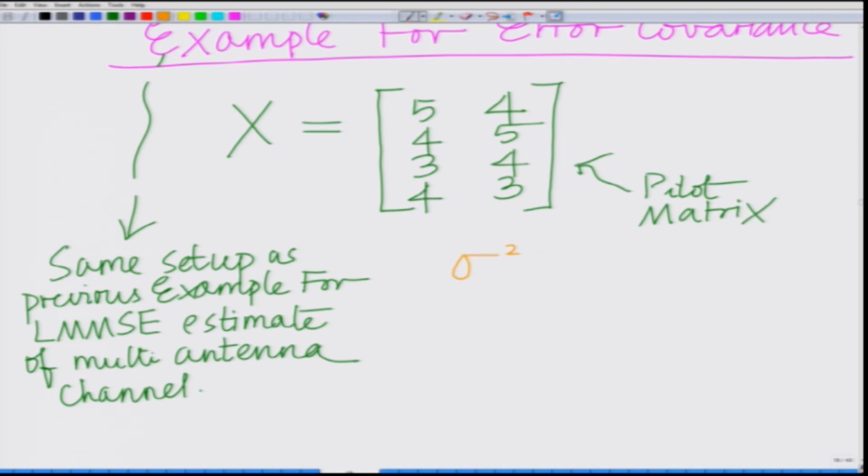We consider sigma square equals 2, this is your noise variance, okay.